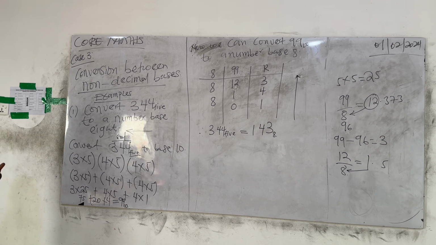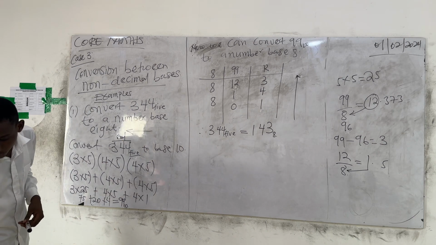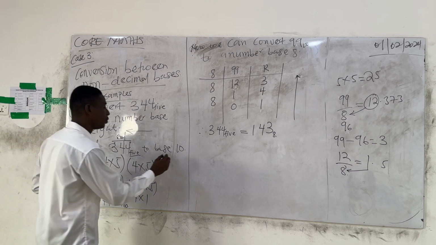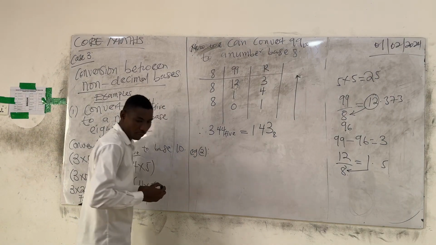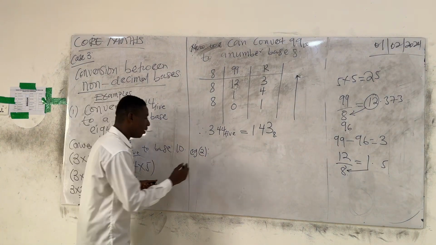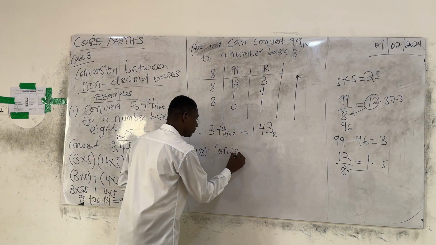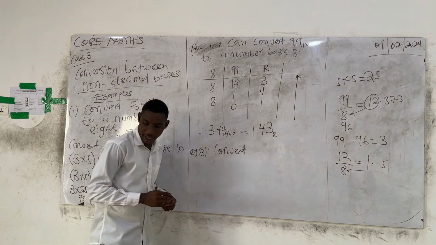So if you understand case 1 and case 2, you are good to go. So this is a combination of case 1 and case 2. Okay. Example 2. Go through them, follow the procedure. Now let's convert. So try this one.